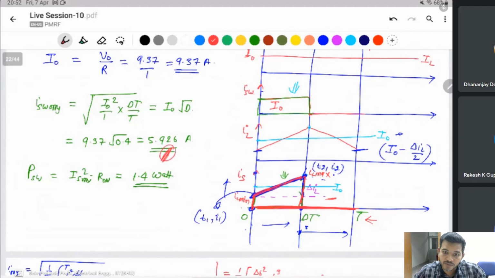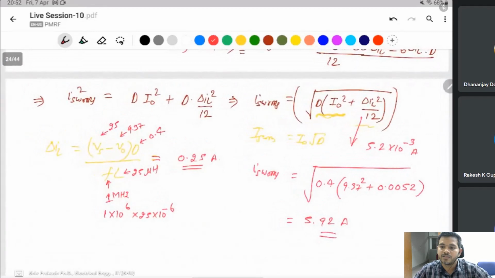Do you understand this one, everyone? Yes, sir. The actual RMS switch current is this one: I naught square plus delta IL square divided by 12.